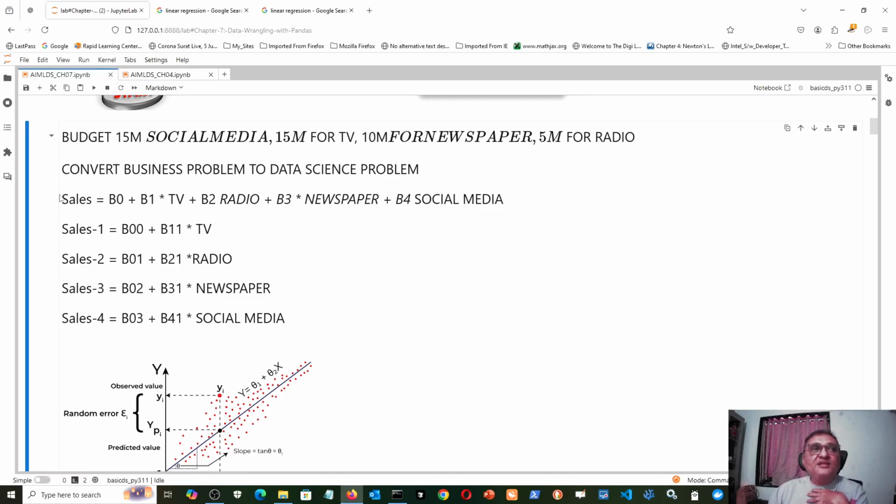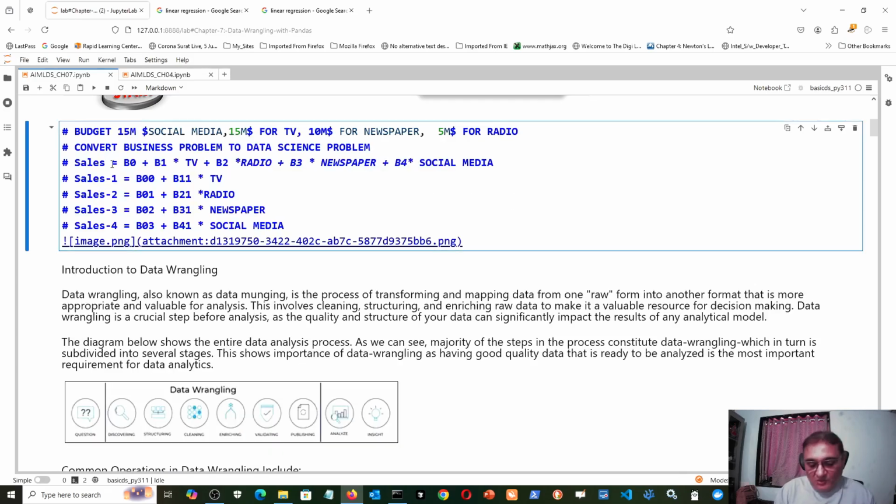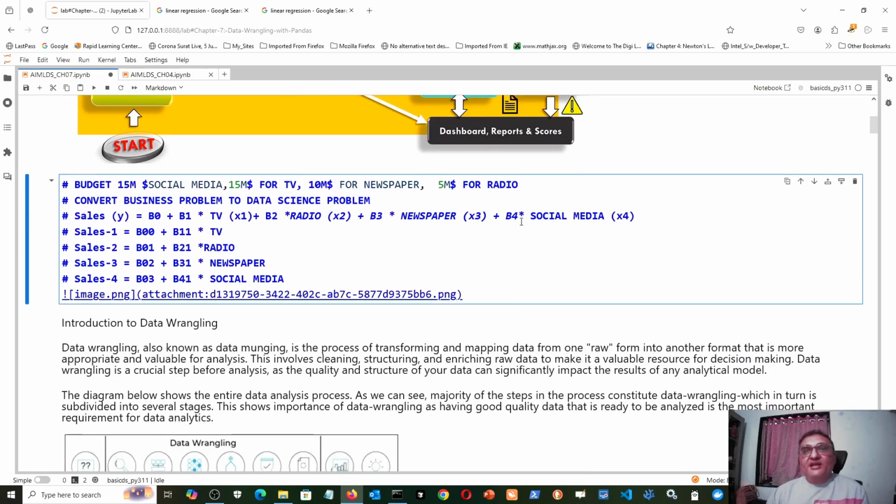In this equation, the sales is itself called Y, the unknown variable or dependent variable, while each of these is called X1, that is the TV marketing budget, X2, the radio marketing budget, X3, the newspaper marketing budget, and X4, the social media marketing budget.